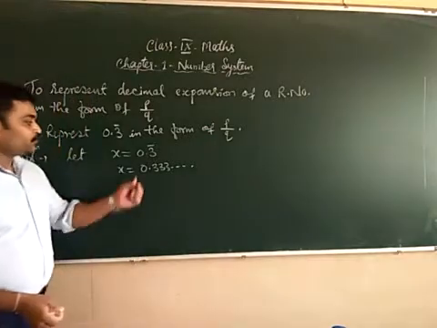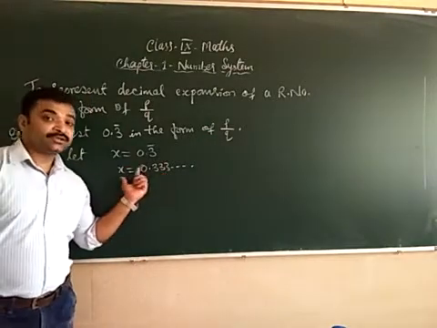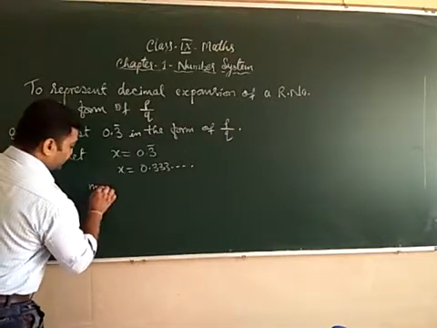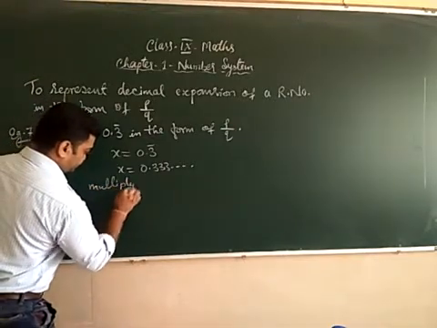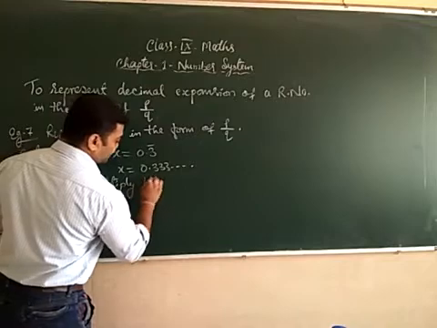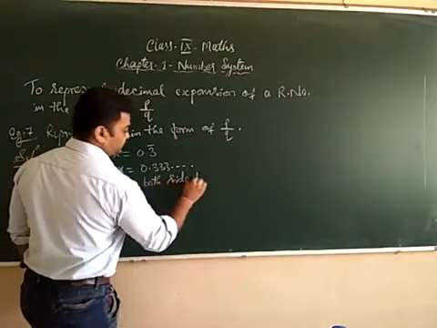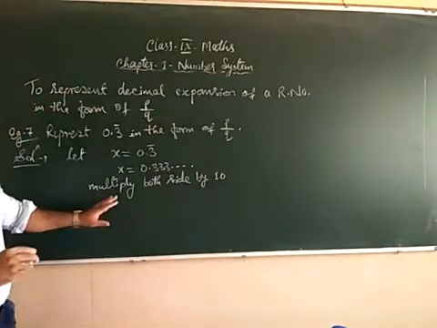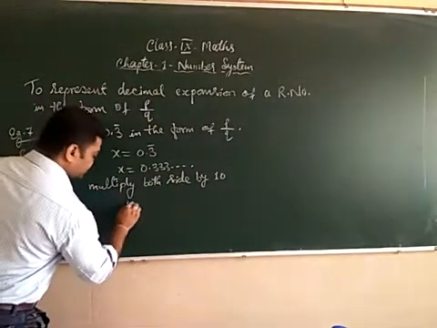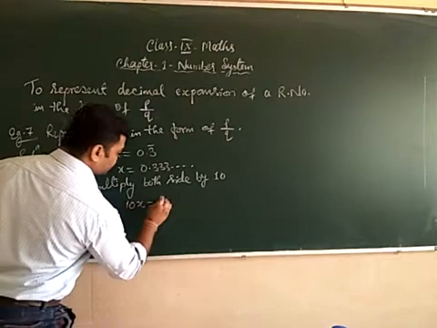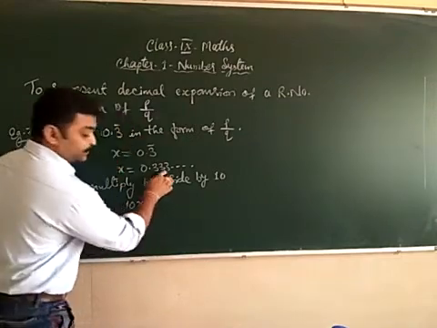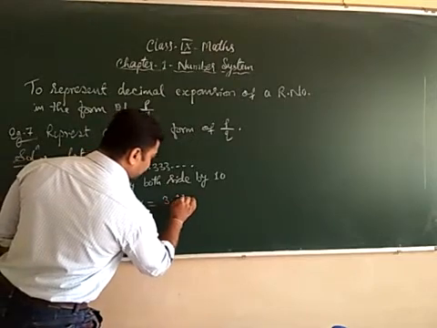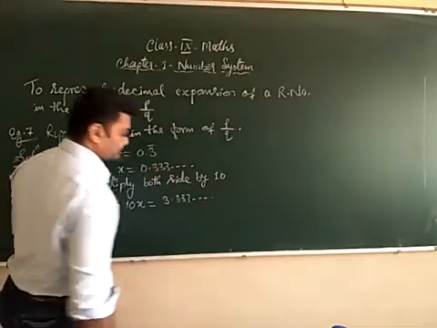So what we do? We will multiply both the sides by 10. Multiply both sides by 10, that is 10x is equal to 0.333 into 10, that means 3.333 dash dash dash.